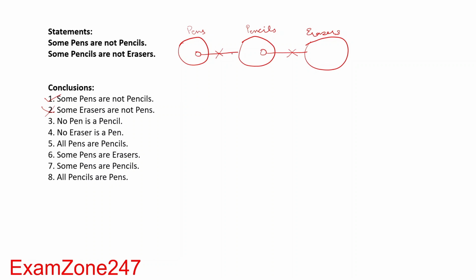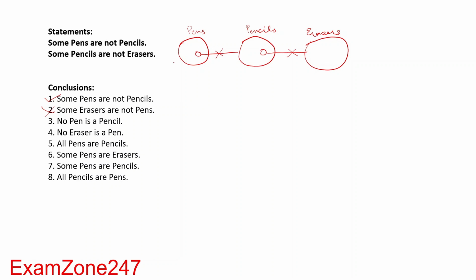All of them are not pencils. As we have encountered in the earlier slide, this is also a possibility. When you draw this statement, this is also a possibility, when I cover from some part to the whole part.